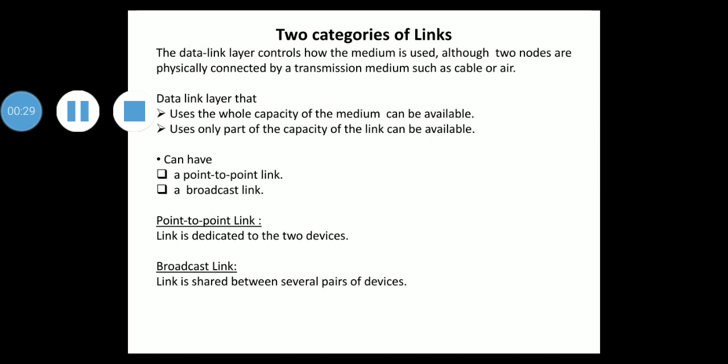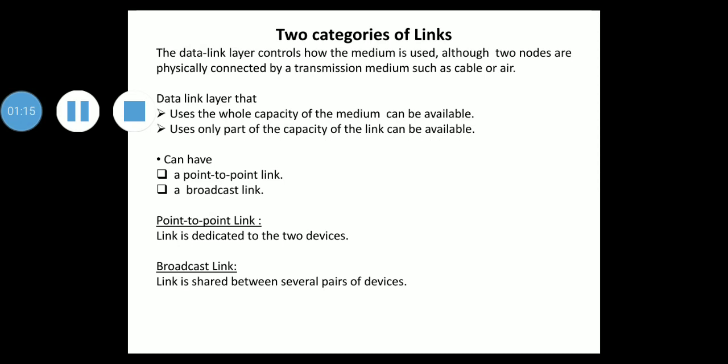Although two nodes are physically connected by a transmission medium such as cable or air, it is possible to have a data link layer that uses the whole capacity of the medium, or we can have a data link layer that uses only part of the capacity of the link.